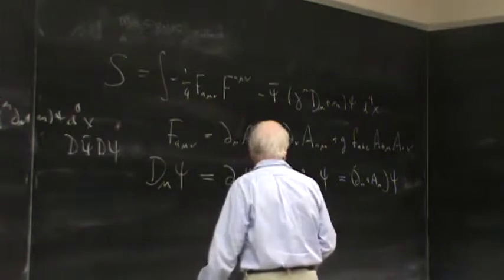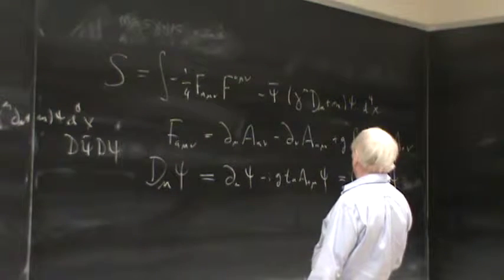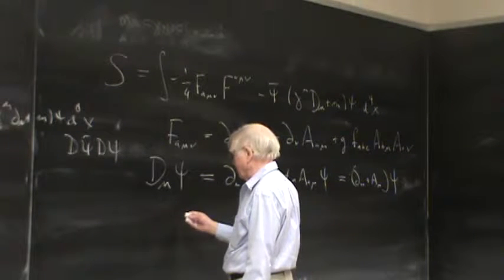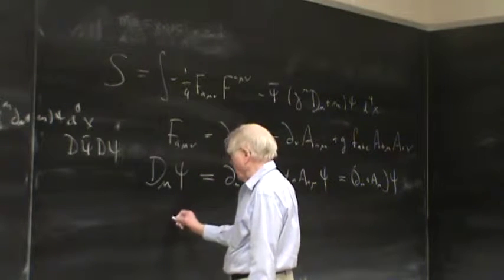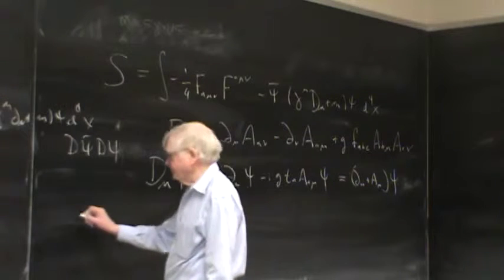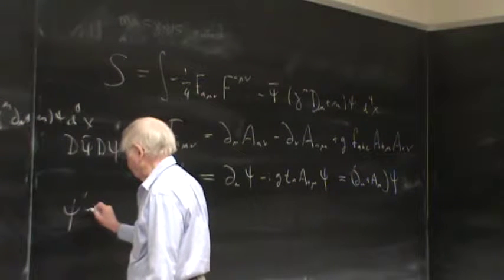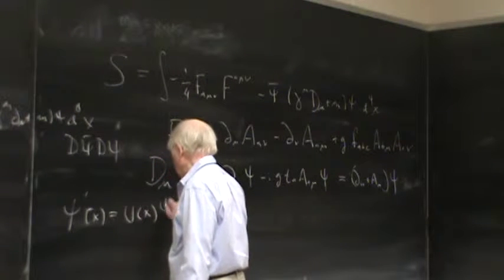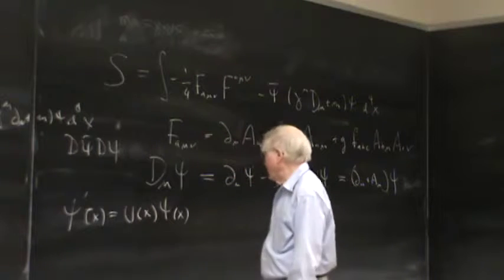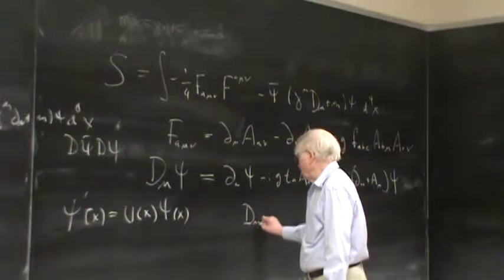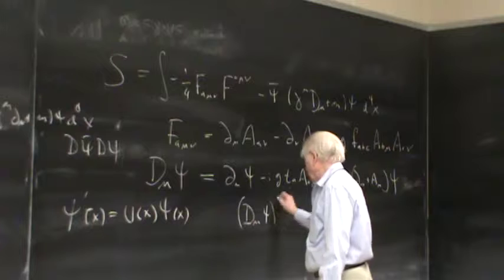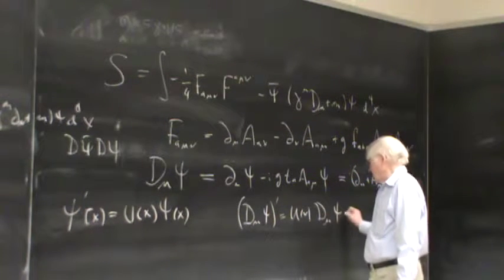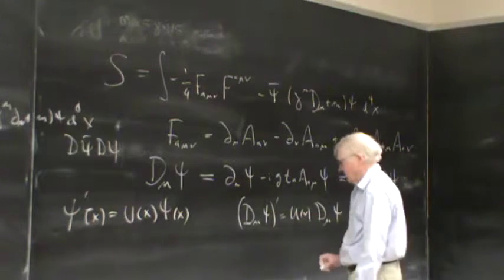Well, I didn't do this. Maybe it's worthwhile doing this again. What we want is, if psi prime of x is U(x) psi(x), then we want D_μ psi prime to be U(x) D_μ psi, of course.